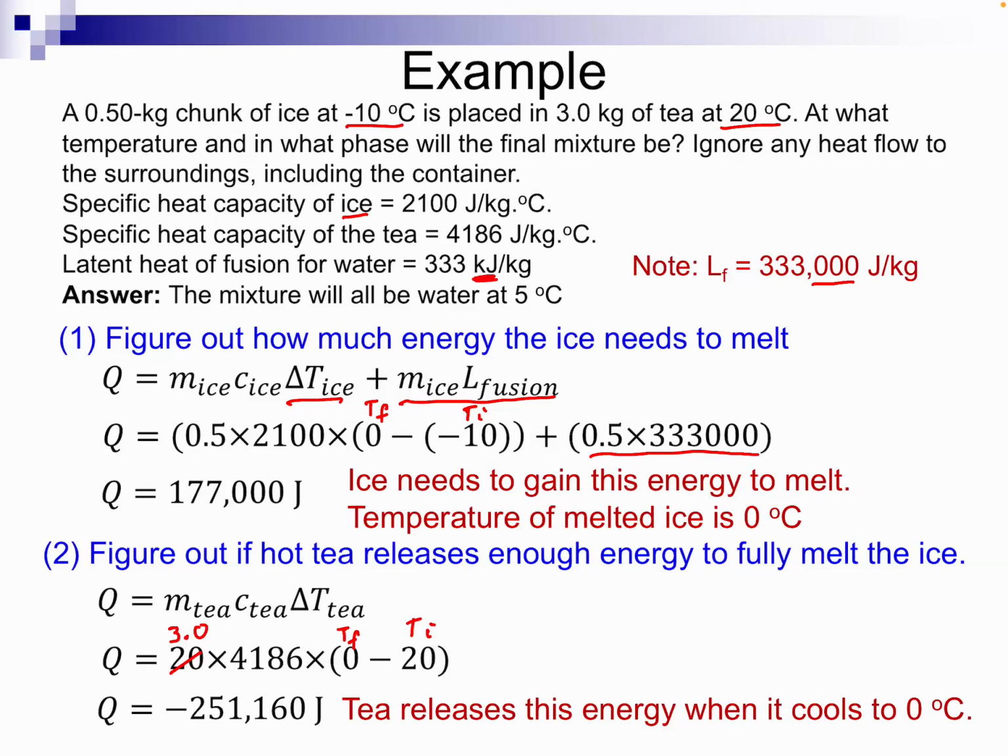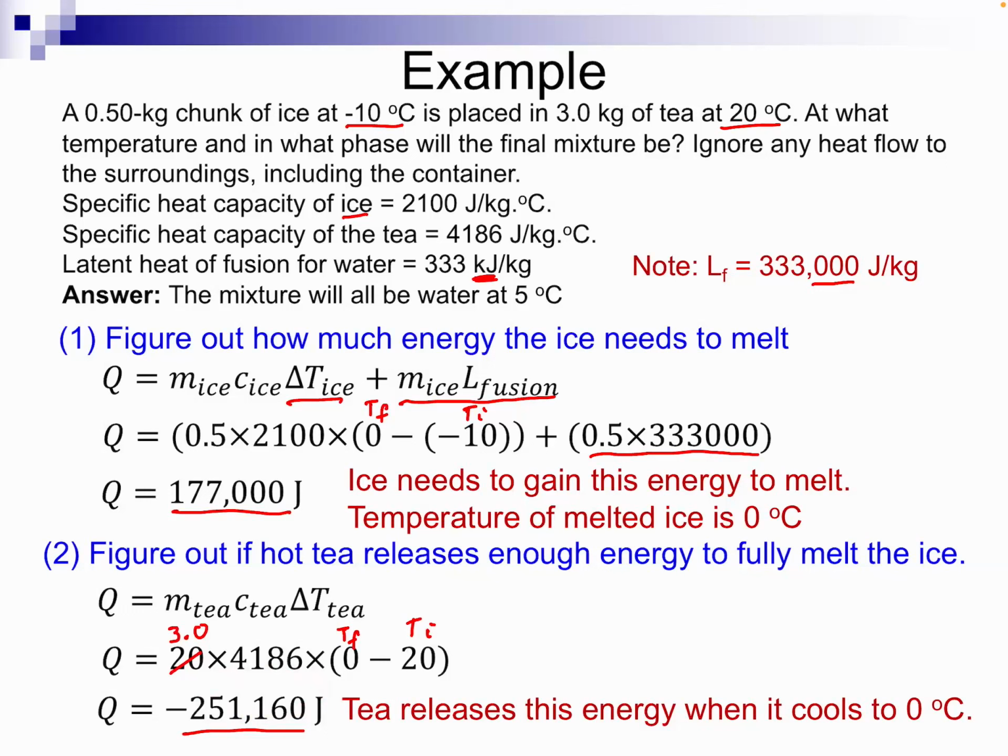Right, so notice that the tea will release a higher amount of heat, a higher amount of energy, compared to how much the ice needs to melt. So that means that the tea is able to fully melt the ice, and then there's still some extra energy left.